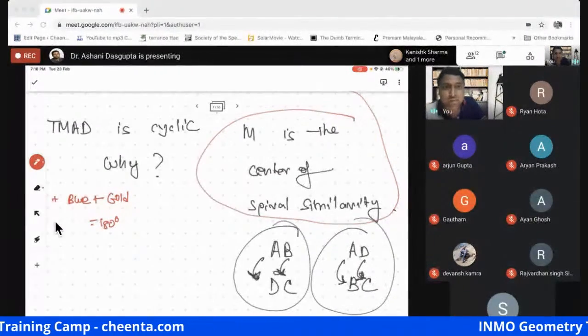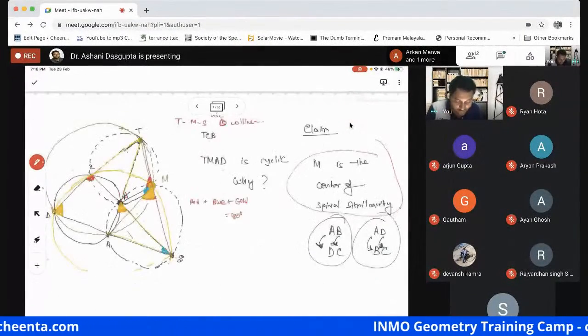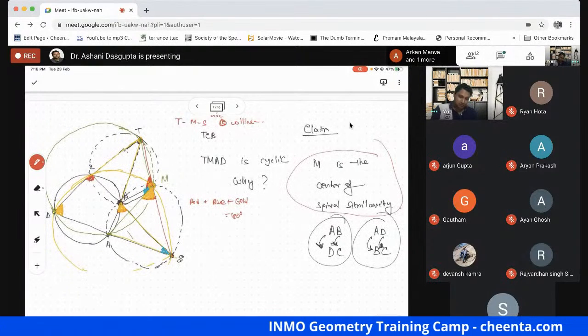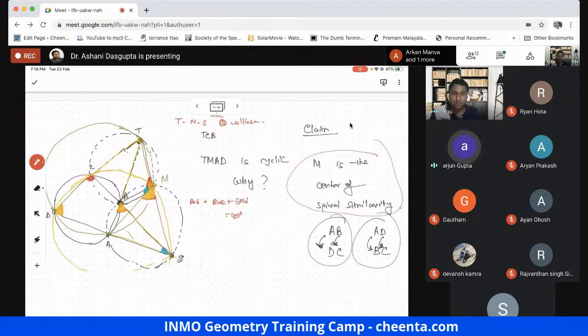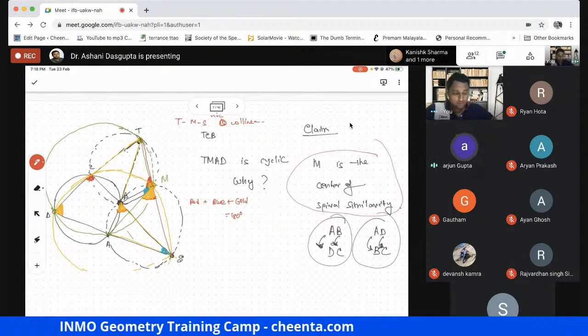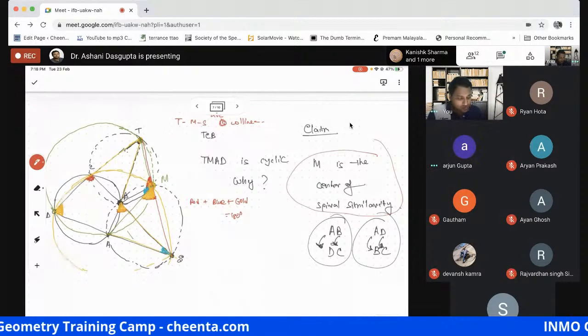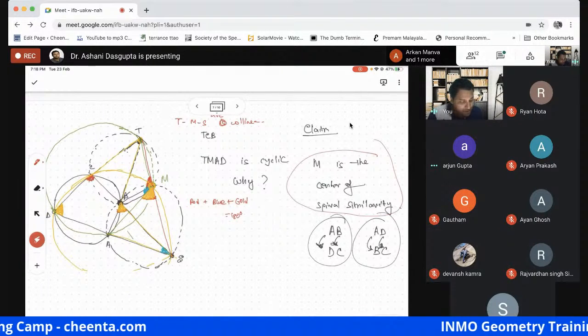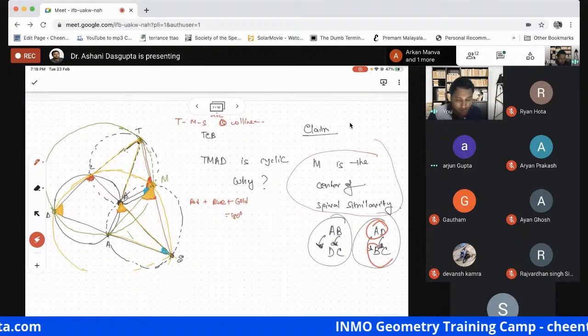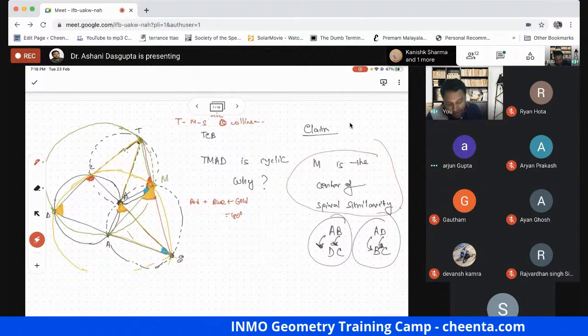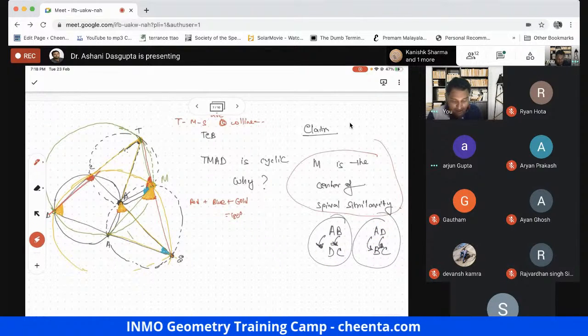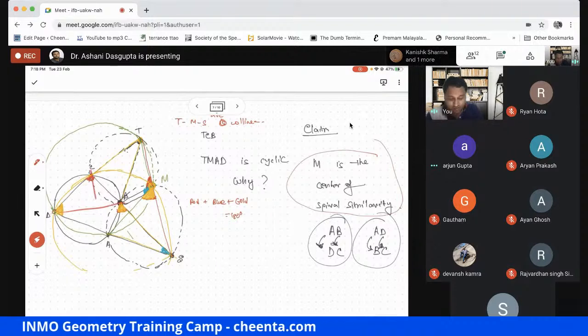Can anyone tell me quickly why that is obviously true? What do we need to prove? M takes AB to DC and AD to BC.